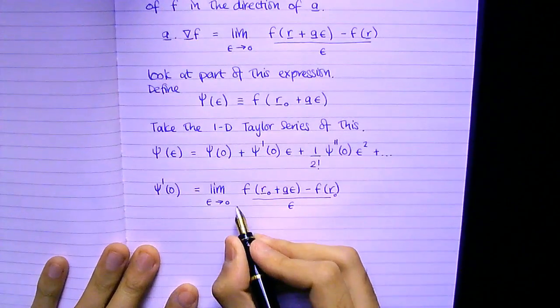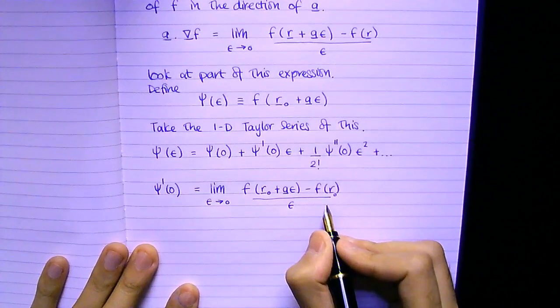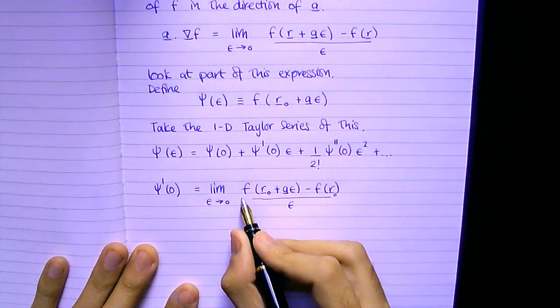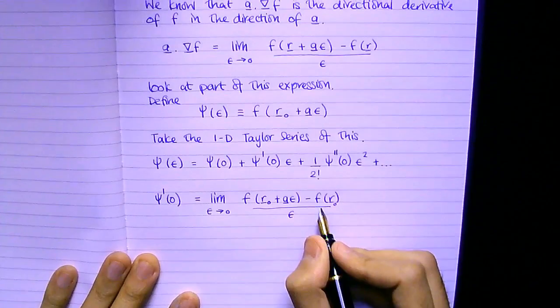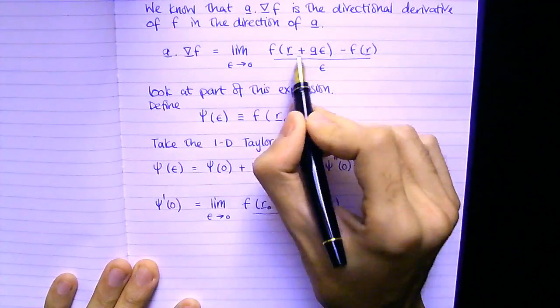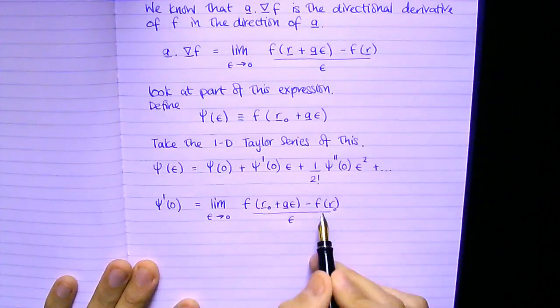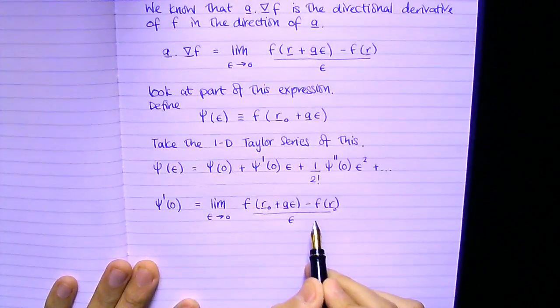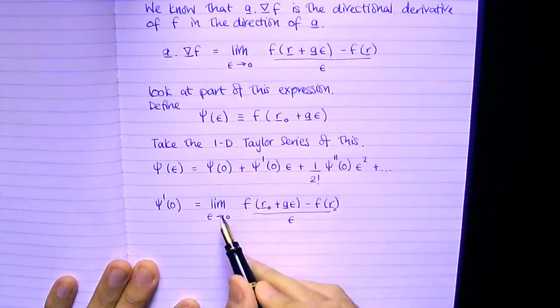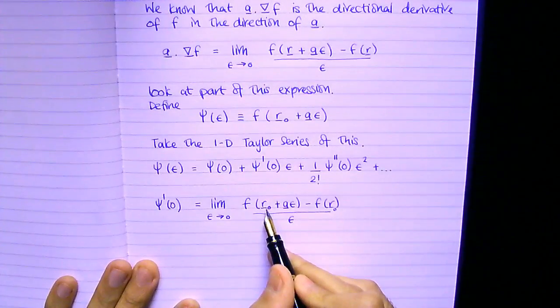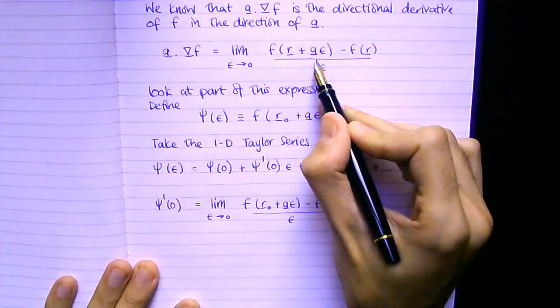And I can rewrite this in a slightly different form, because now I know that this is basically like my definition up here. My definition of the directional derivative and this expression here are basically identical. The only difference is I'm evaluating this at a particular point, r0, and this was completely general.